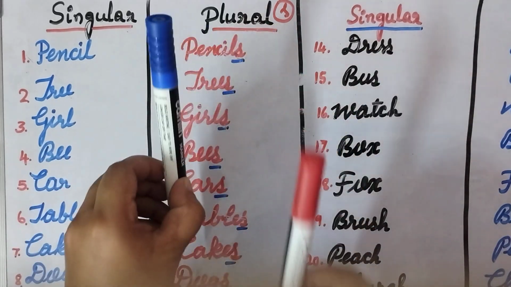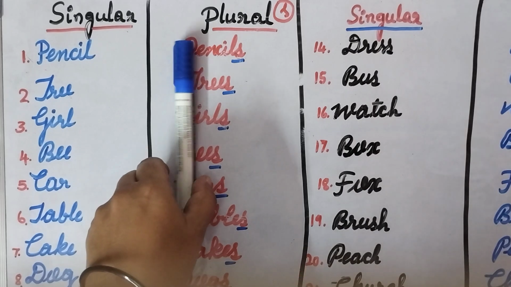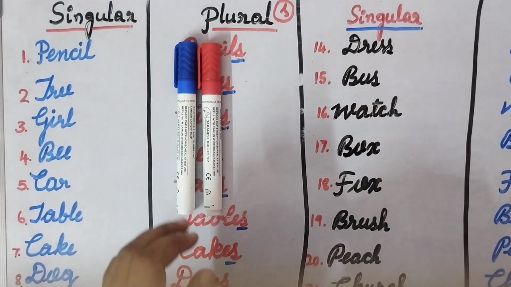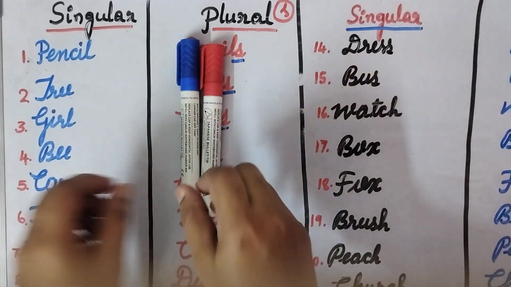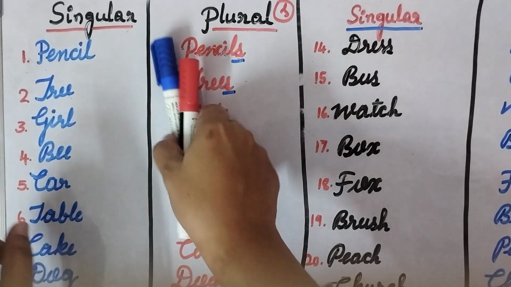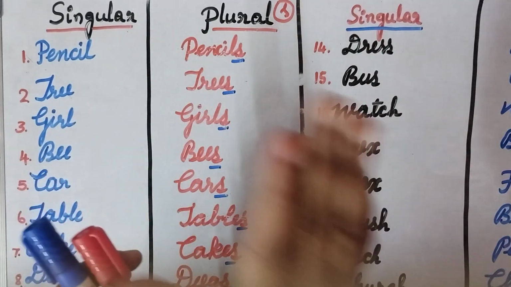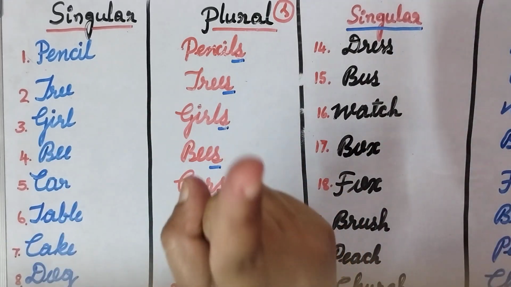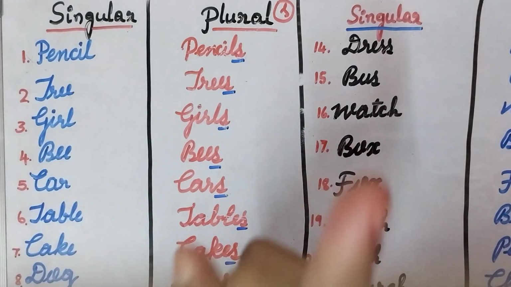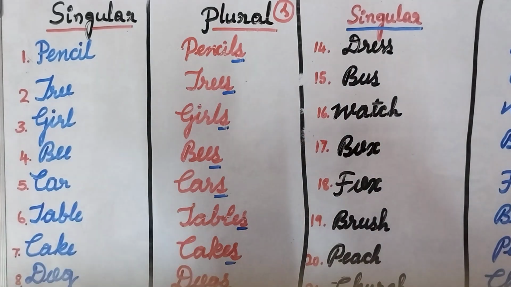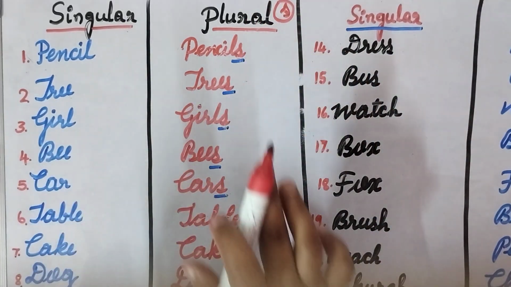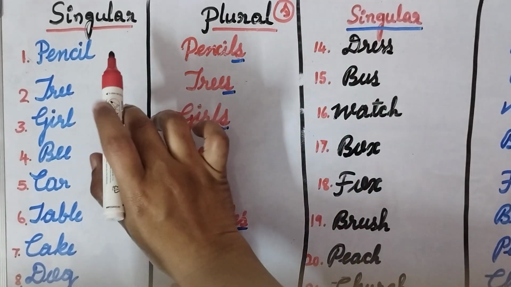So marker is singular and markers is plural. When we talk about more than one in number, what do we have to do? We add an es for a naming word. So we call these plural naming words.